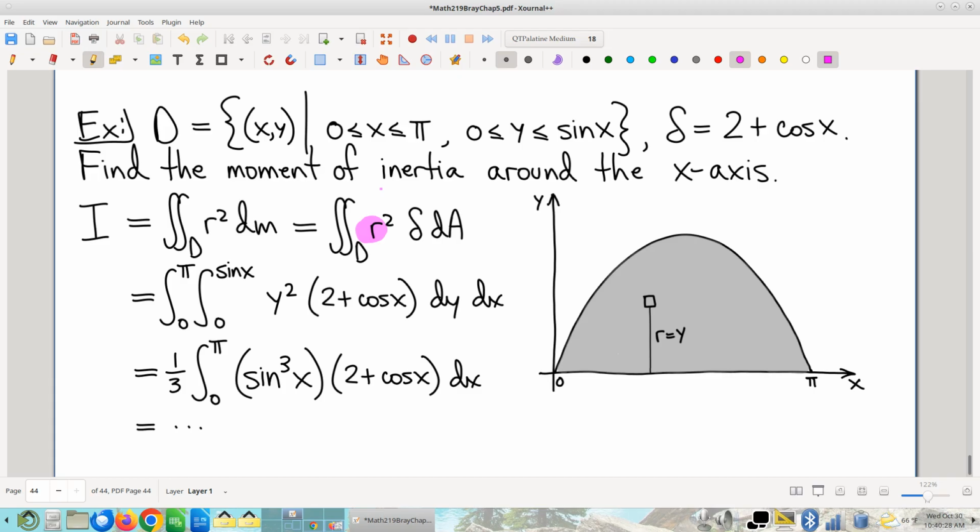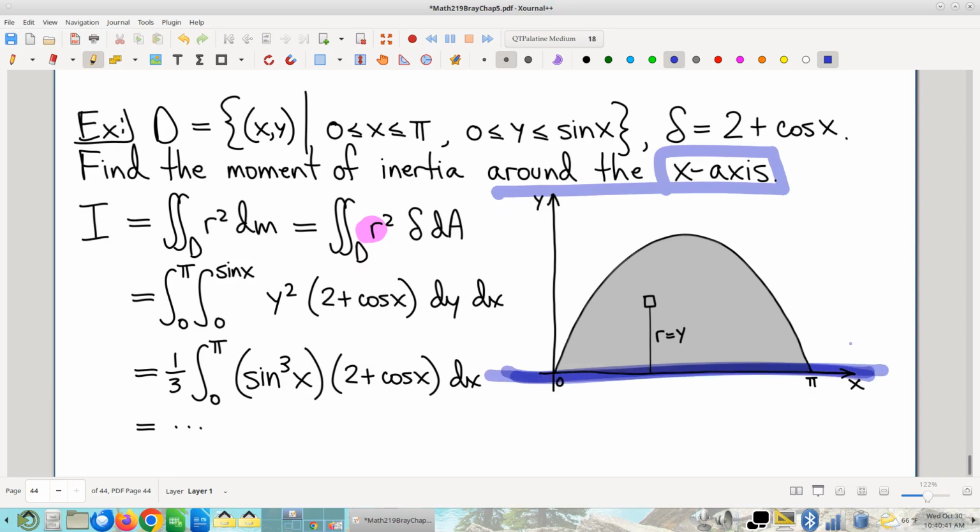What does r need to be to make sense in this particular application? Well, it says right here we're going around the x-axis. There's the x-axis. Whatever little piece of mass I have that I want to think about, how it rotates around that given axis, what's the distance from that little piece of mass to our axis of rotation?